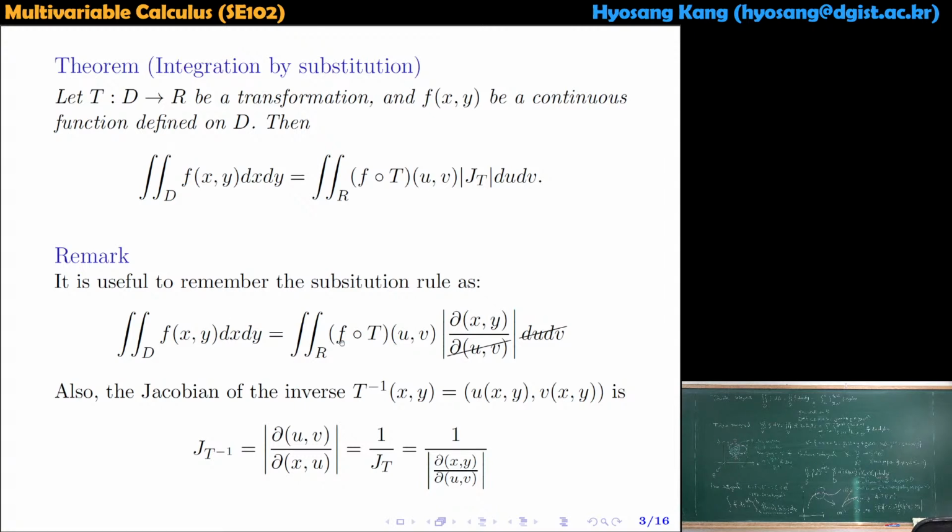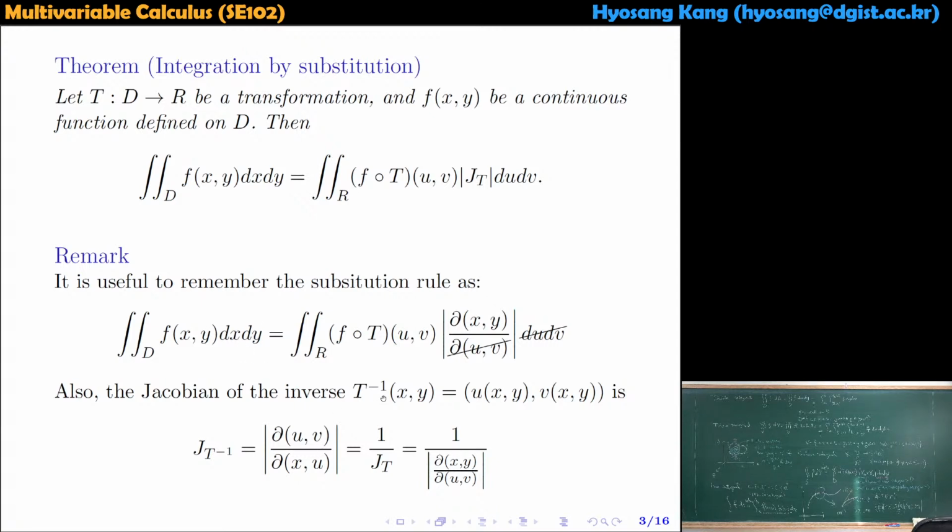And f of uv is originally just x and y, so I get the same thing here. So don't think about the integration sign or the symbol under the integration sign. Just think about the integrand, what comes into the integration sign. I just want to change my dx dy into du dv. Then I have to multiply by this kind of ratio in order to cancel out so that I get the same thing.